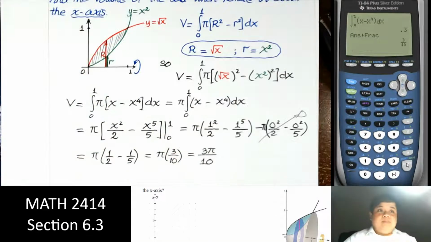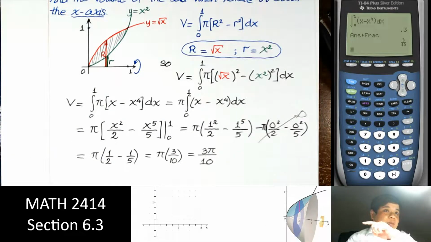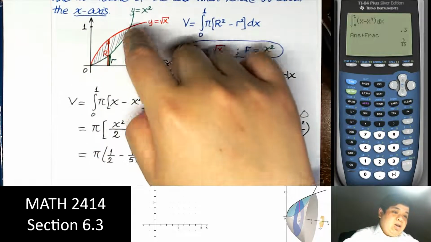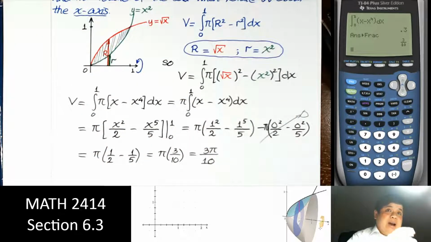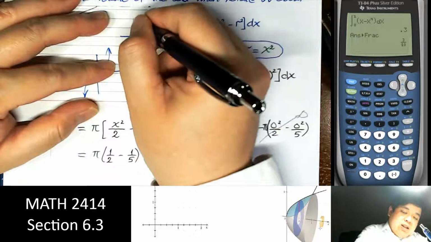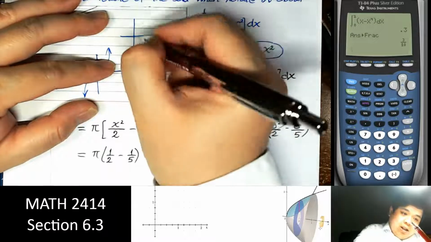When we rotate, we have the graph of that, like what we have here. So the big R is from the axis of rotation to the outer function. It's not the bigger function, it's the outer function, because potentially we may have a region that goes like this.